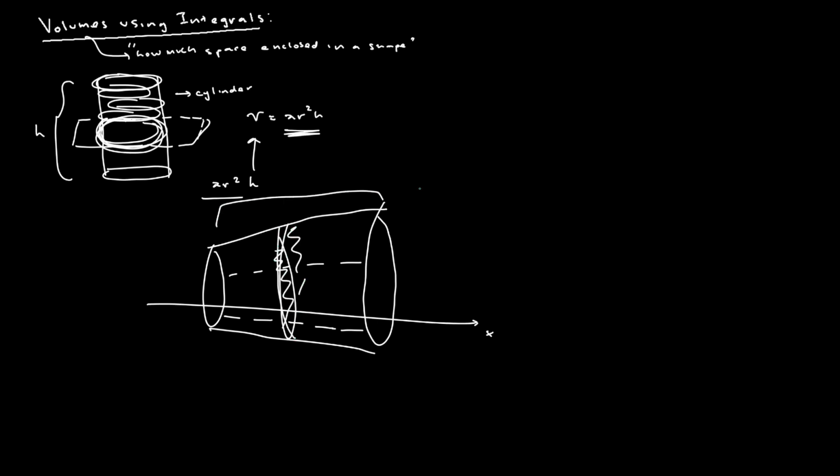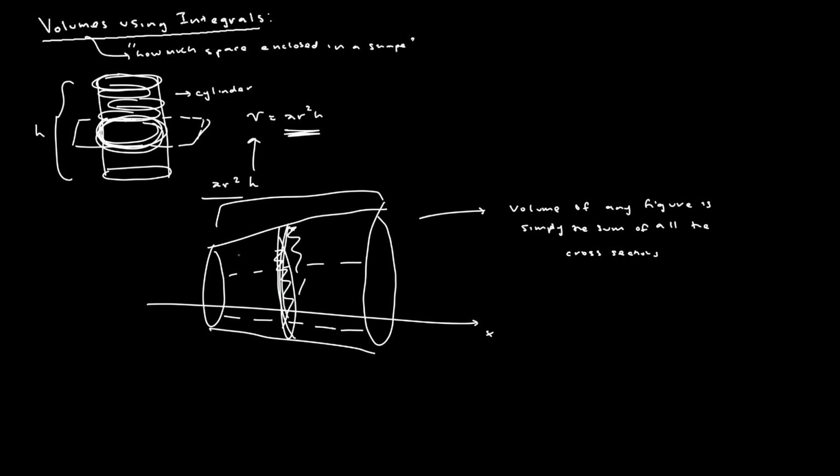That tells us that the volume of any figure is simply the sum of all the cross sections. That's because you have this cross section and you take an infinitesimally small height of that cross section, and that gives you a small volume.